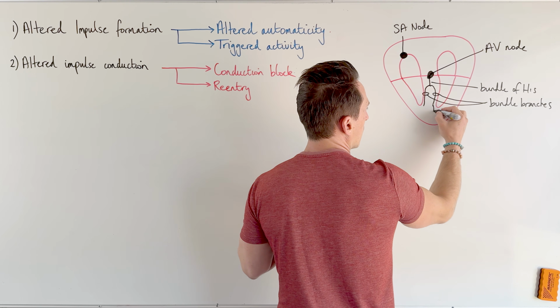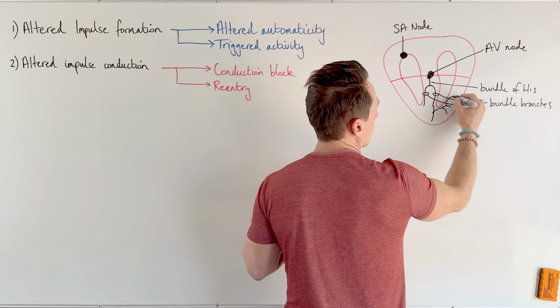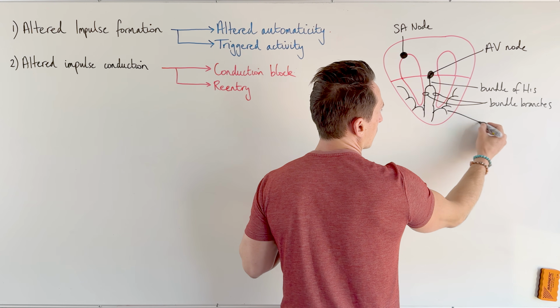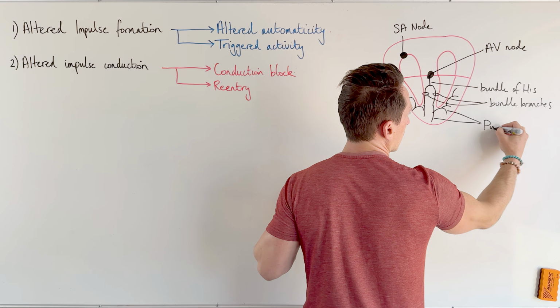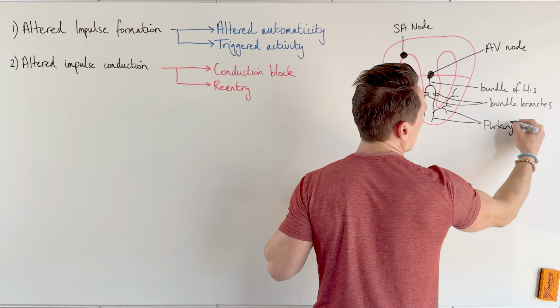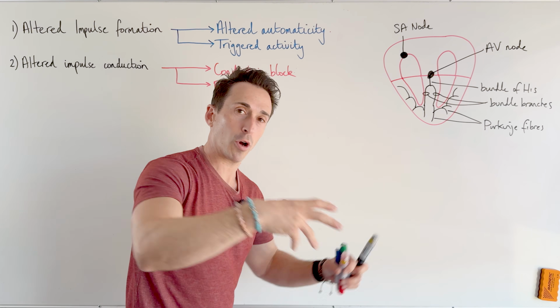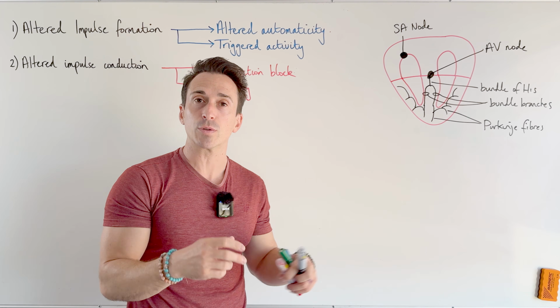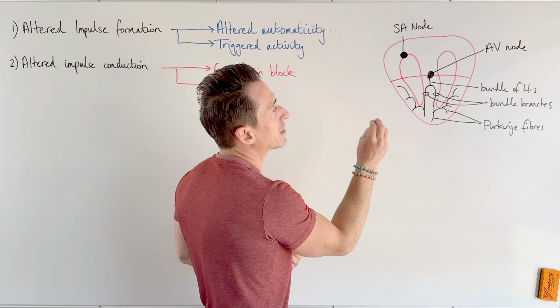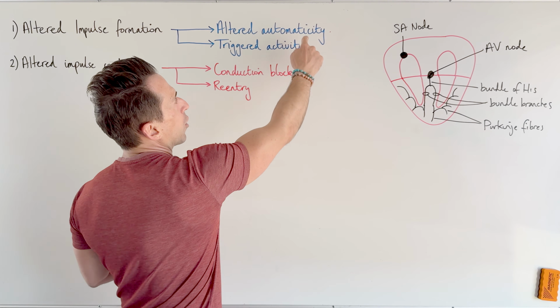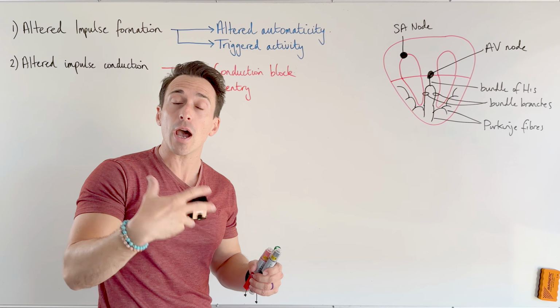And then we've got the Purkinje fibers. Okay, now these are not only the conduction network, so they propagate the electrical signal, but they all have pacemaker activity. They all have pacemaker activity. So they all have automaticity, so they can fire on their own.